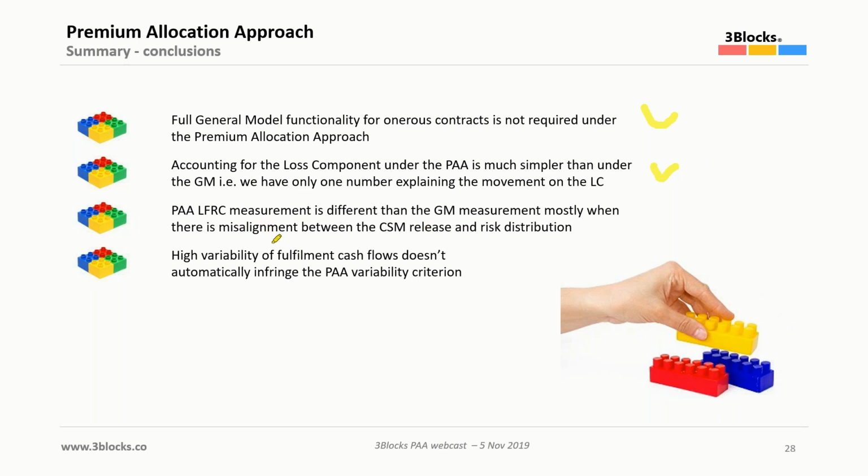The third conclusion is that the PAA liability for remaining coverage measurement is different than the general model measurement, mostly when there is misalignment between the CSM release and the risk distribution. This was explained in detail by Alex and Agnieszka. And last but not least, high variability in fulfillment cash flow doesn't automatically infringe the PAA variability criterion.